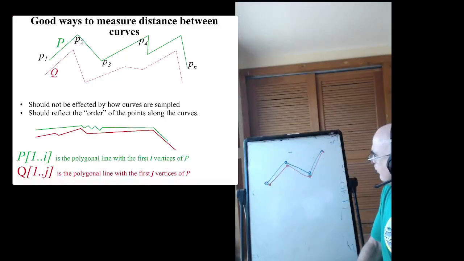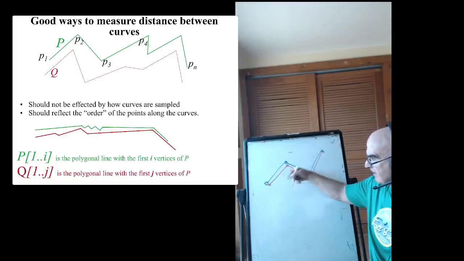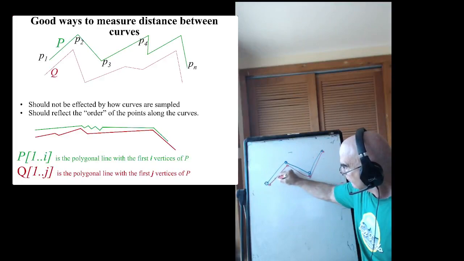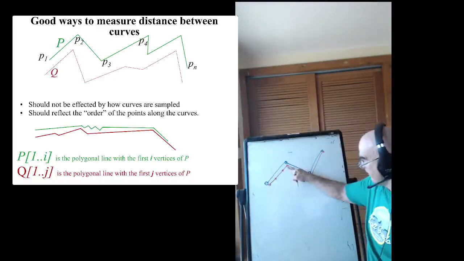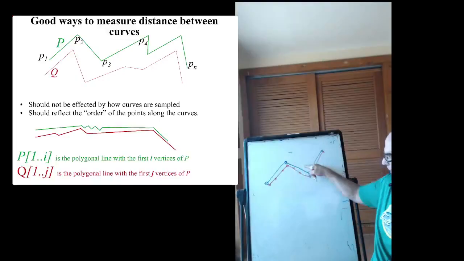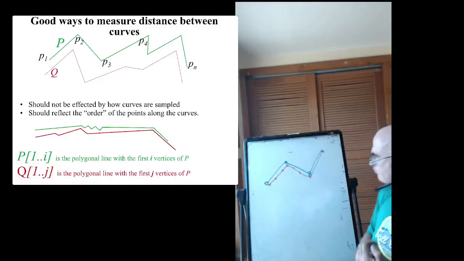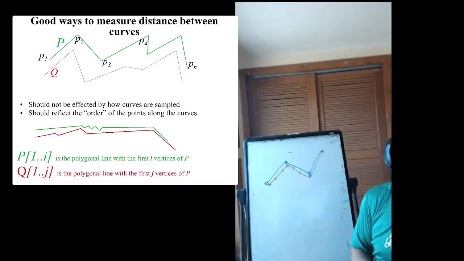But it has a problem. I want to find that these two paths are similar even if each such point is a GPS signal that I measured, and here I was driving a bit slow, traffic was a bit slow, so there are a few more vertices here that don't match any vertices in the blue, but I'll still think of these two curves as very similar, right? Even though there are many more sample points over there.